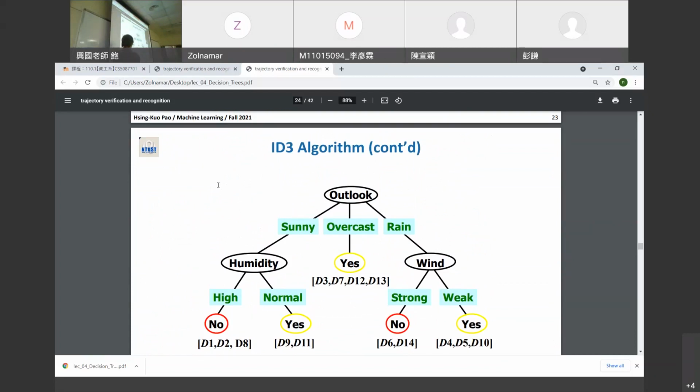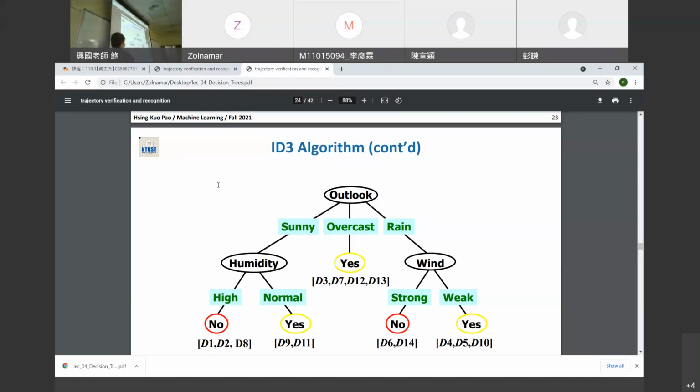So usually for the empirical case, if the number of data is smaller than some number, then we stop. And also, if the data contains a majority greater than some percentage, then we stop. It's up to our choice, it could be 80% or 90%.